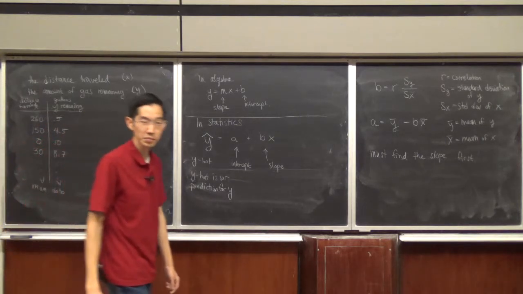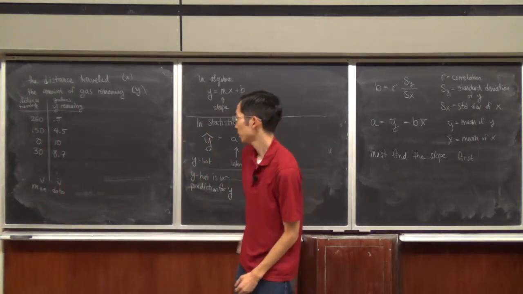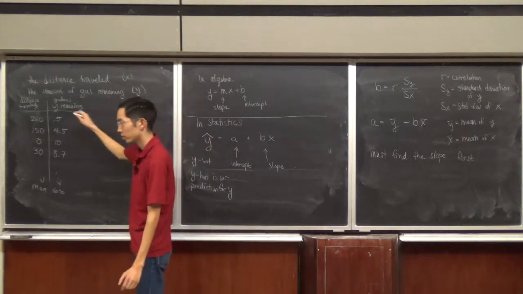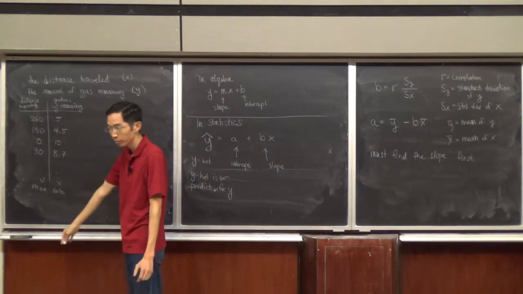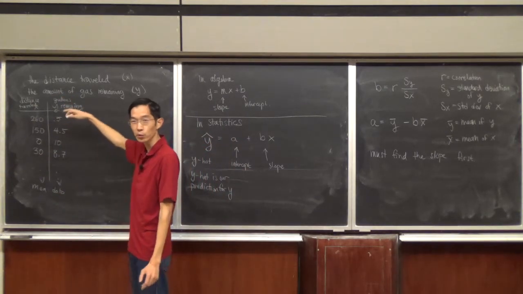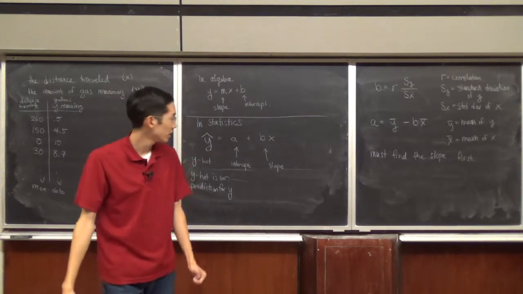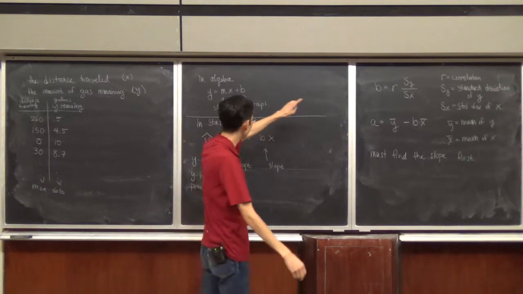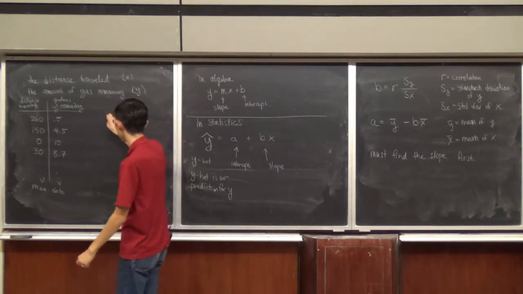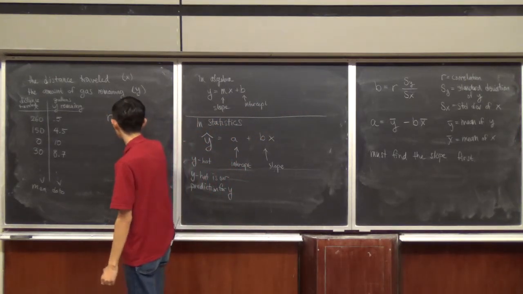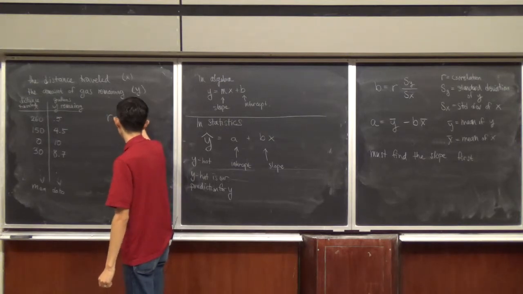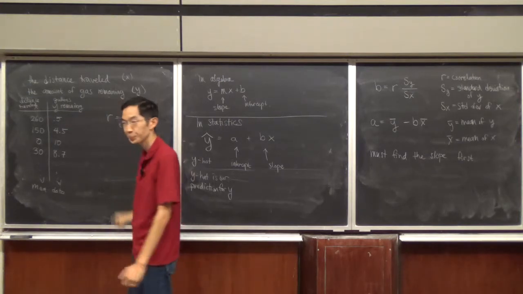Let's say we have a bunch of data points. I only have 4 listed up here, but let's say we had 100 data points, and we summarized all of them. We found the correlation. Let's say the correlation between our 2 variables is negative 0.85.